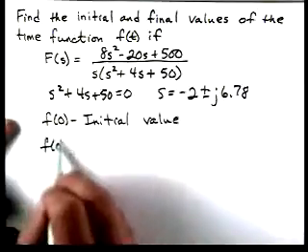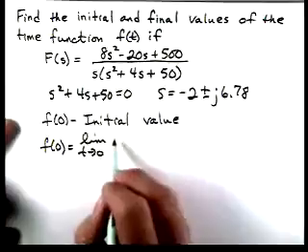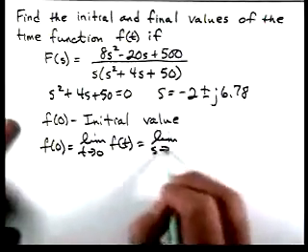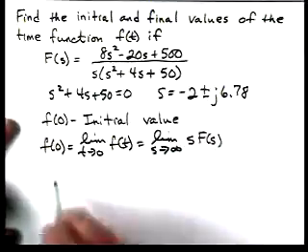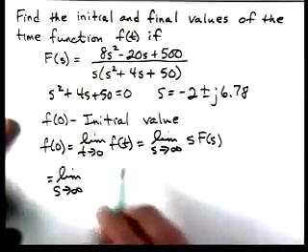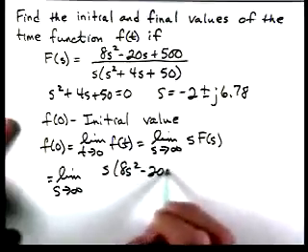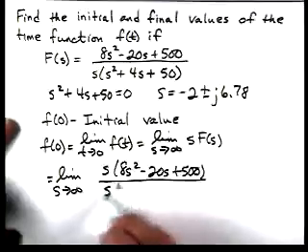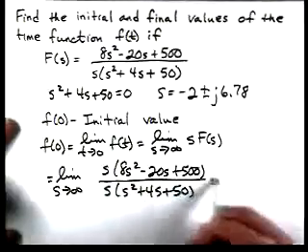So f of 0 is the limit as t approaches 0 of f of t, which is the limit as s approaches infinity of s F of s. So now we have the limit as s approaches infinity of s times (8s squared minus 20s plus 500) over s times (s squared plus 4s plus 50).